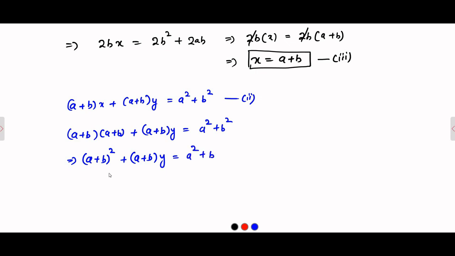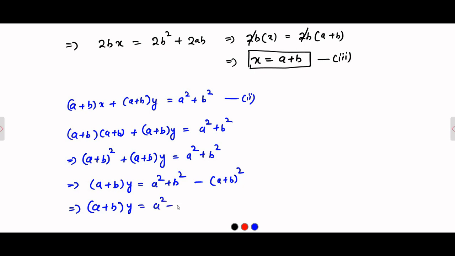That implies (a + b)y is equal to a² + b² minus (a + b)². Okay, so that implies (a + b)y is equal to a² + b² minus, using the (a + b)² formula, (a² + b² + 2ab).